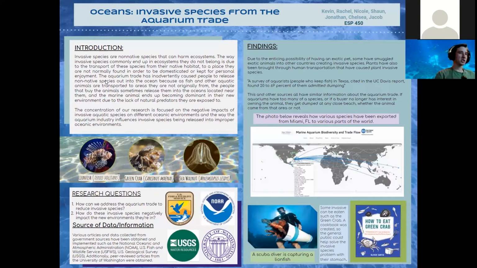So we have native species now being eaten and shoved out of their native ecosystem by this invasive species. So the lionfish has been destroying ecosystems in Florida.